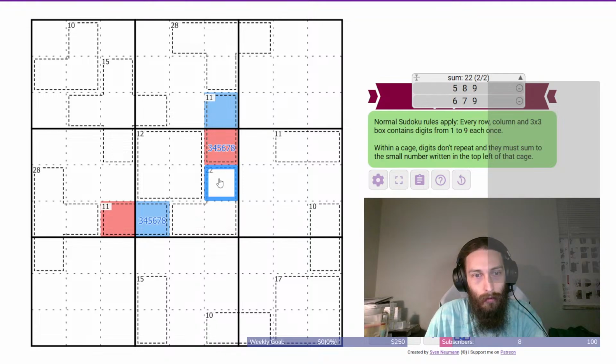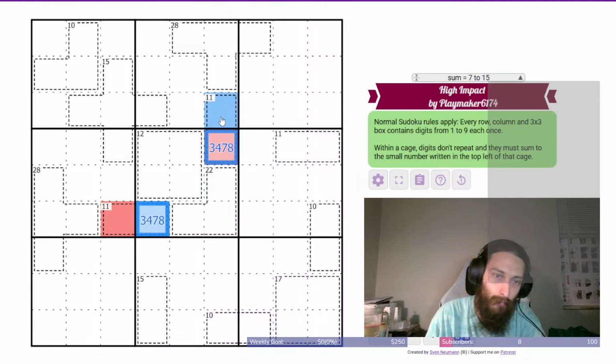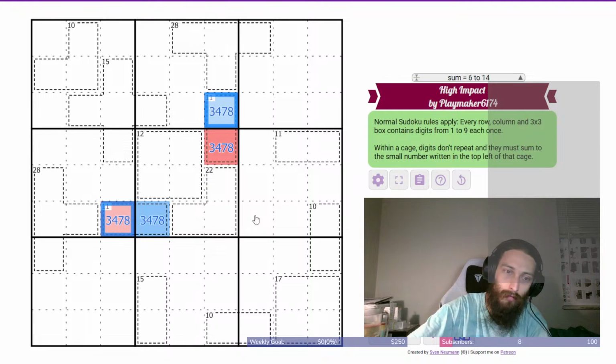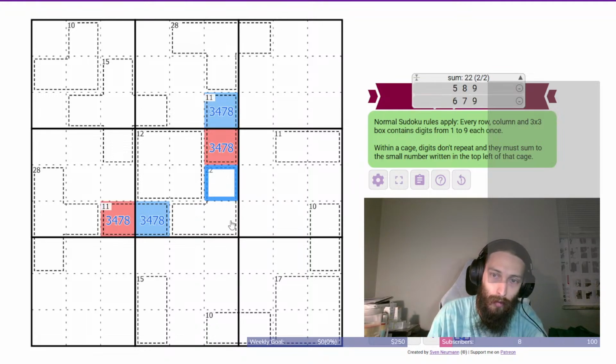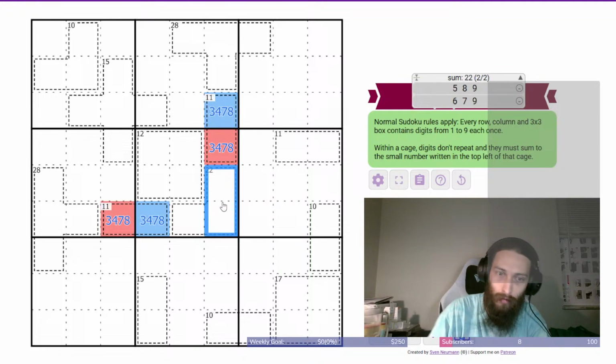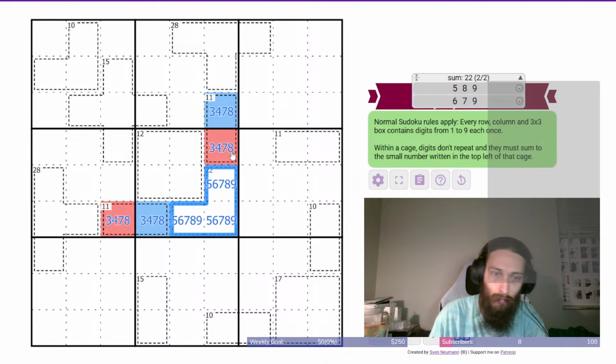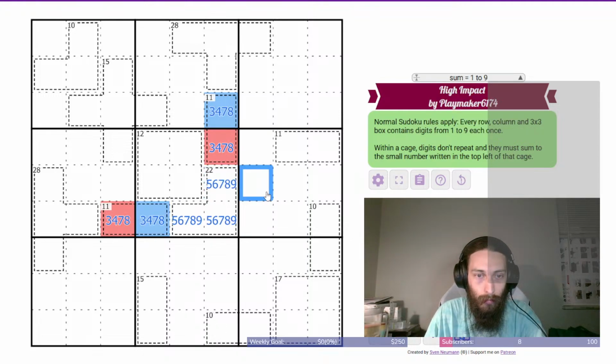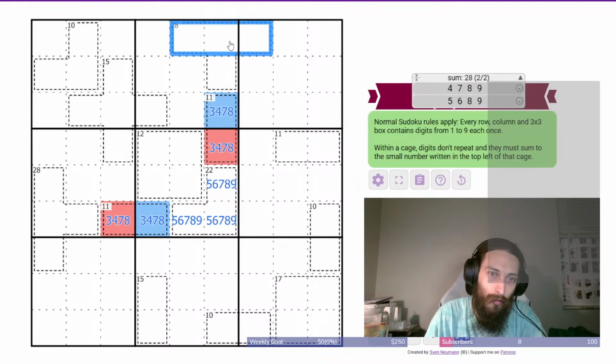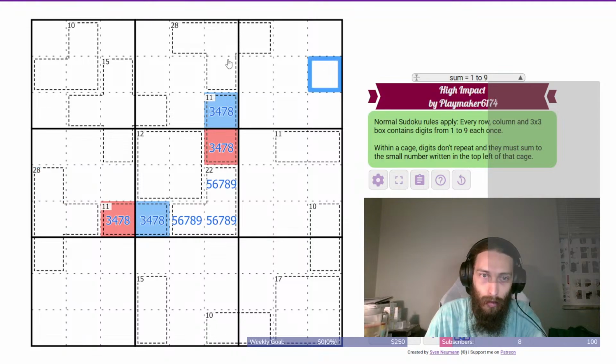Now, the 22 is between 5, 8 and 6, 7, which means I can't put a 5, 6 here. If I put 5, 6, that would break the 22. It would be 7, 8, 9. If I put 5 and 6, this would be 7, 8, 9, and then the 22 would be broken because 7, 8, 9 is 24. So this 28 has to have 8 and 9 in it. Same as this one has to have 8 and 9 in it.